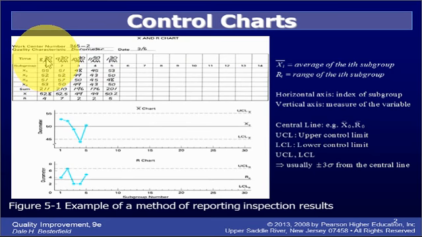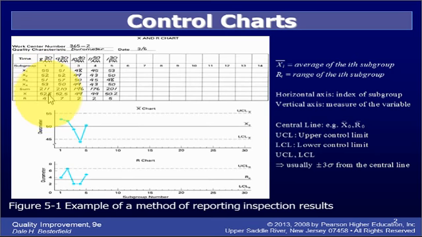You take different inspections at different time periods. For example, for the first subgroup at 8:30 a.m., you go to the production line and take 4 samples. The 4 sample readings are 55, 52, 51, and 53.